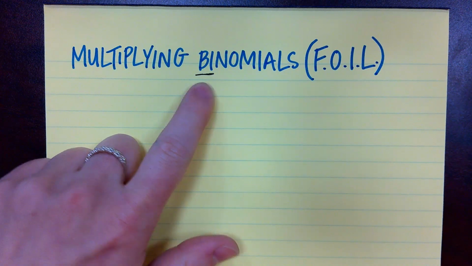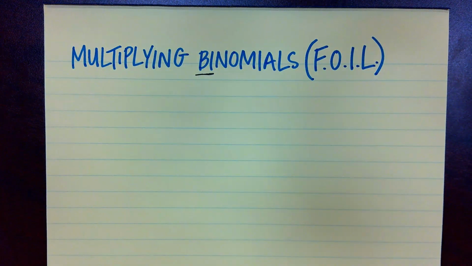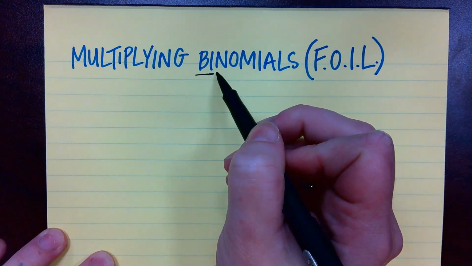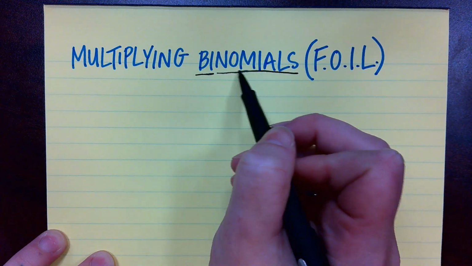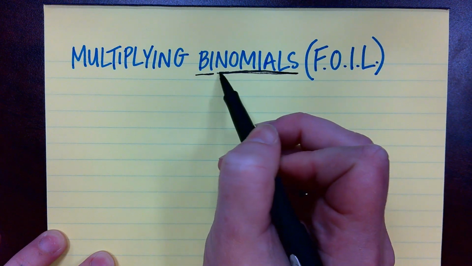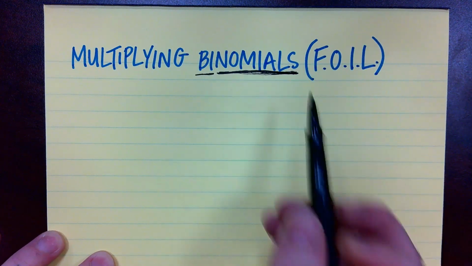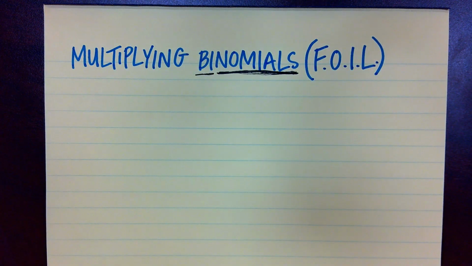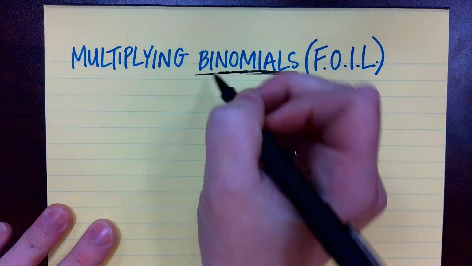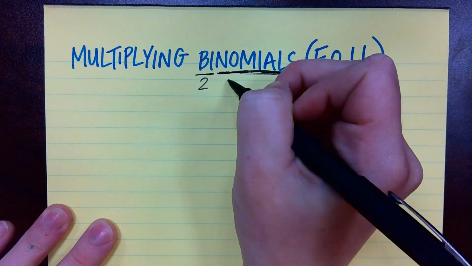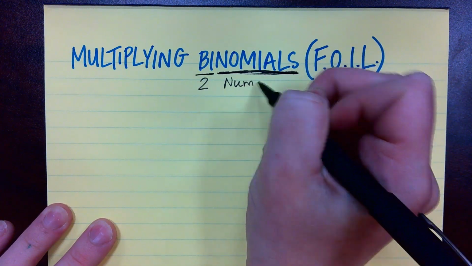The prefix bi means two. Nomial, if you just did pre-algebra, you'll remember we talked about polynomials and what nomial means. Do any of you remember what nomial means? Anybody? Numbers. Yeah, it just means numbers or terms. So we have two numbers or two terms.